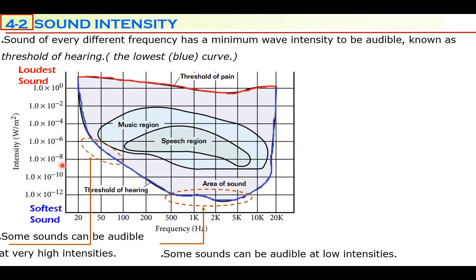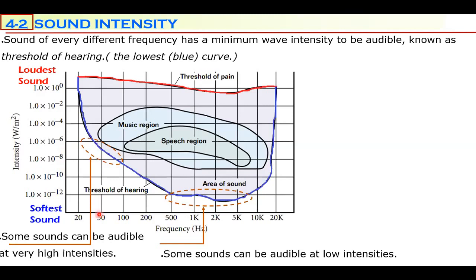A frequency of 500 hertz can be audible at an intensity of 10 to the power of negative 12. As you see, every different frequency has a different minimum intensity to be audible.